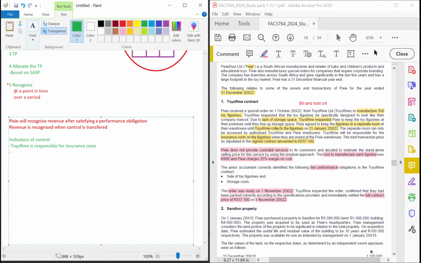What you could further state regarding the purchase price is that Treasury settled the full contract price on the 1st of November 2022.